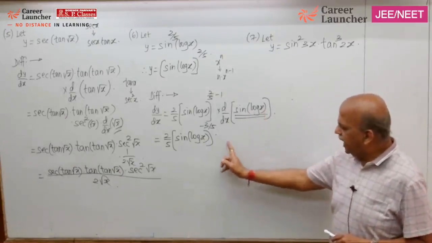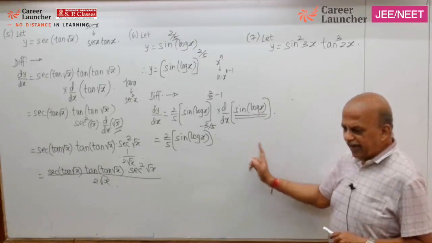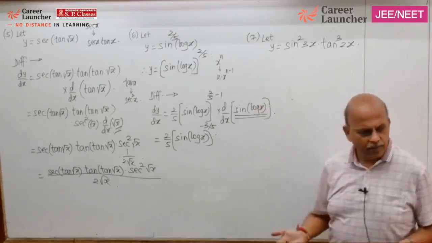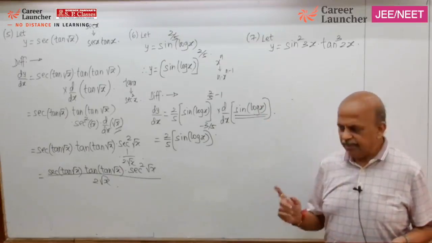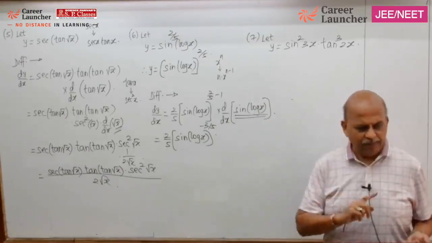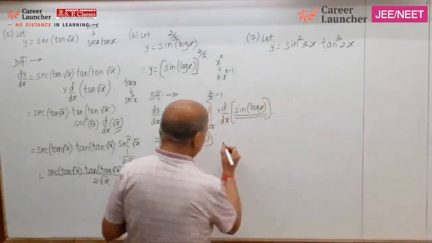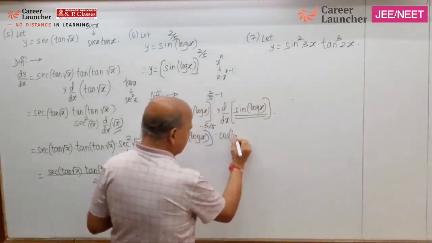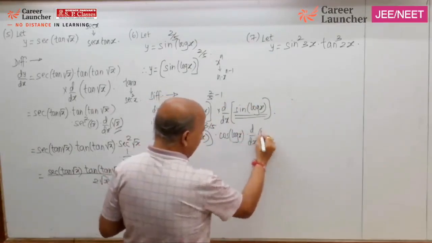So come on, tell me what will be the answer here? Cos. Use the standard formula as it is, replacing x by the composite part and further multiply by the derivative of the composite part. So this will be what? Cos of log x into d by dx of log x.